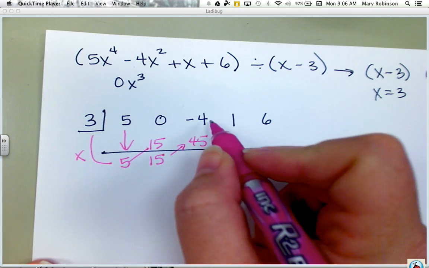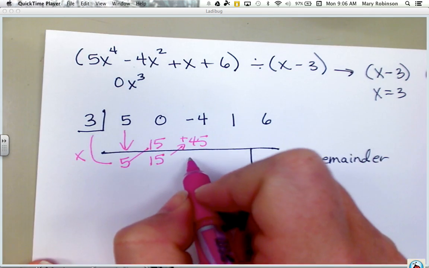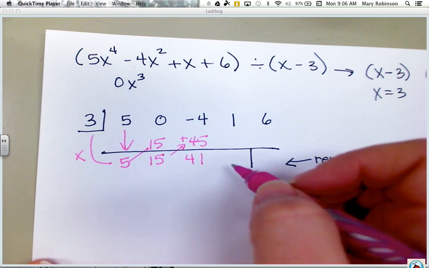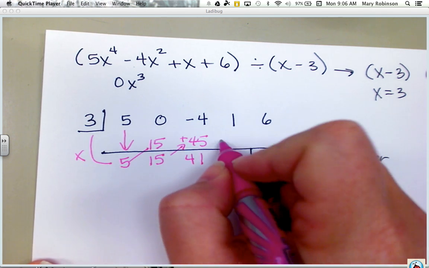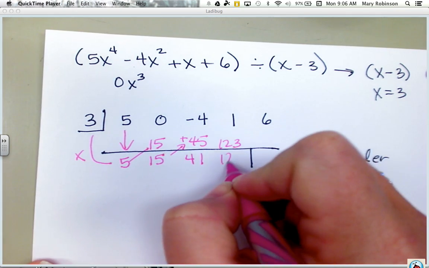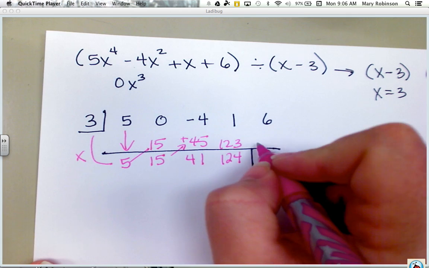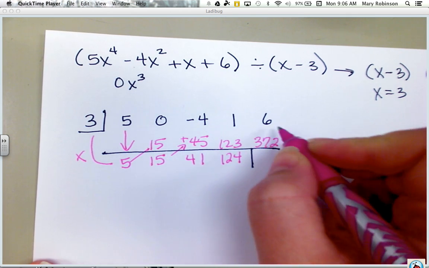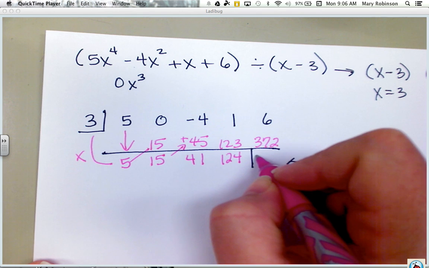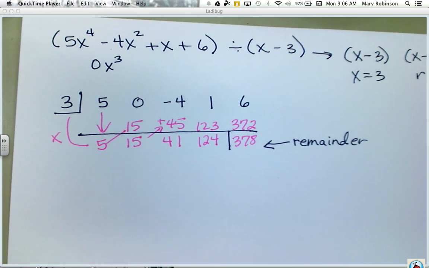Negative 4 plus 45, I'm saying plus because it's positive, that's 41. 3 times 41 is 123. 1 plus 123 is 124. 3 times 124 is 372. And 6 plus 372 is 378. If you can do mental math, multiplication and addition is going to help you a lot, but you can always just use your calculator if you need to.